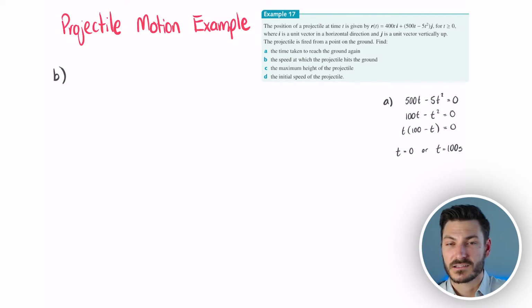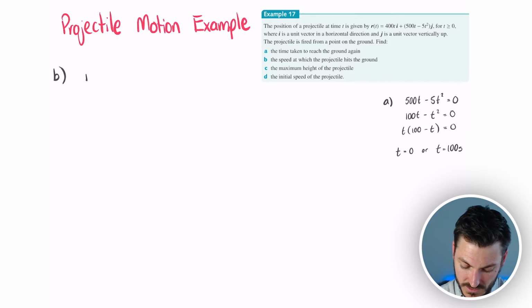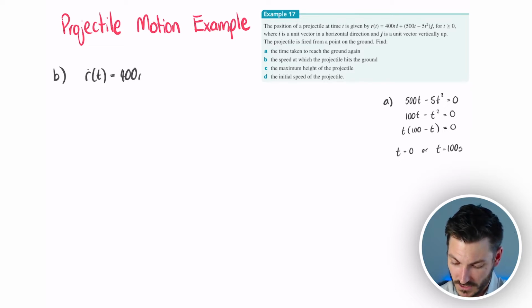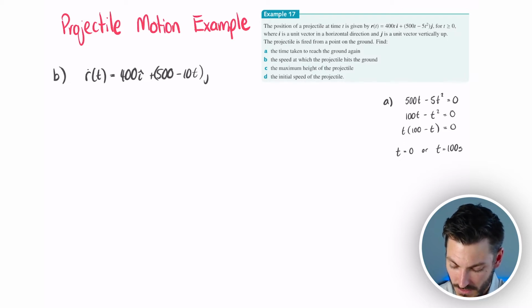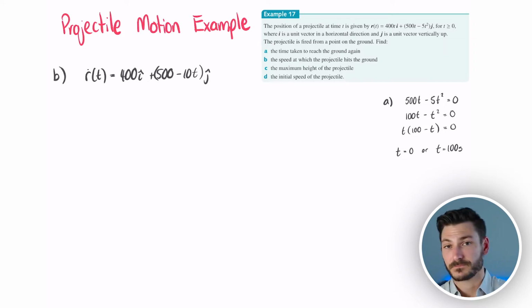Part B asks us, what is the speed when the particle hits the ground? Now for speed, it's the magnitude of the velocity, so I need to determine what the velocity vector is. So r dot of t is going to be equal to 400 in the i direction plus 500 minus 10t in the j direction.